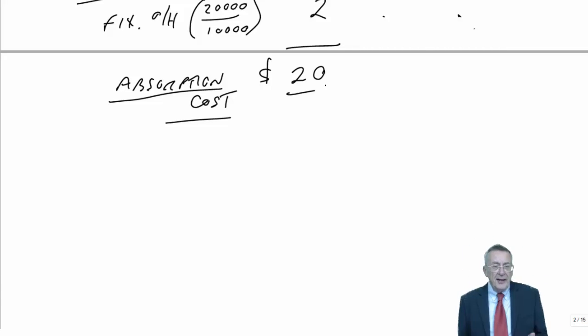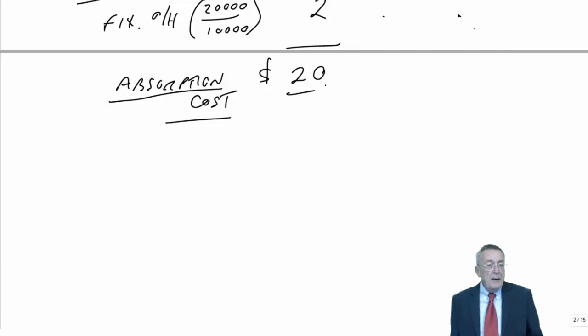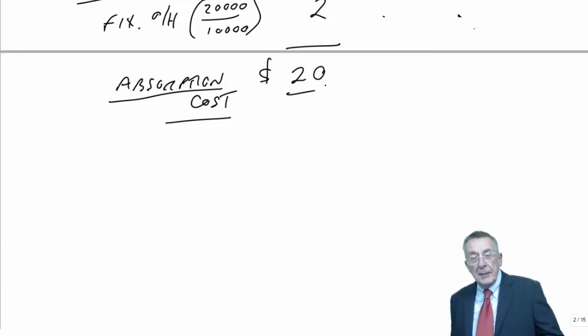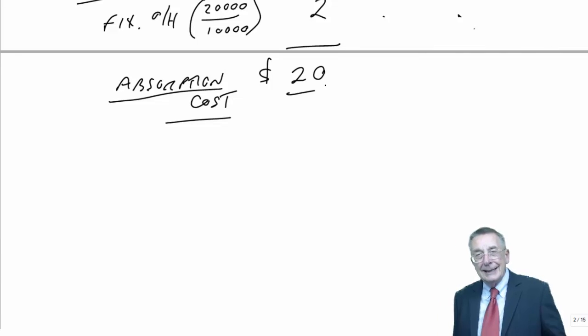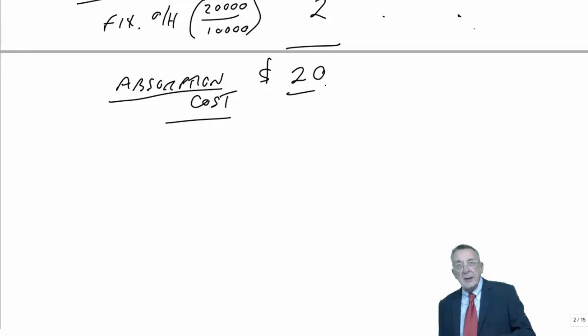So rather than fill in strengths and weaknesses, first of all, let's see why we might prefer absorption costing, and then why we might prefer marginal costing.